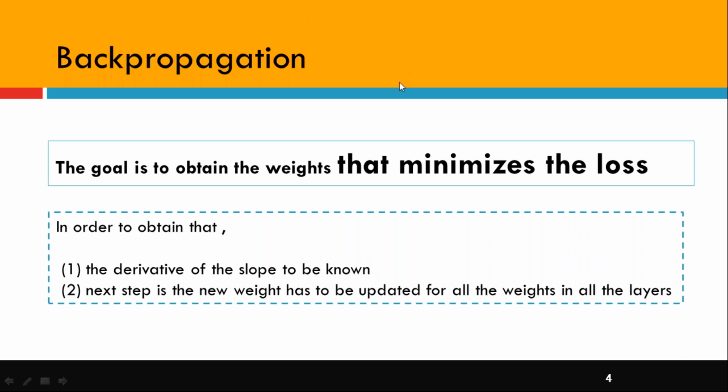That's the whole objective of implementing backpropagation. In order to obtain the weights which minimize the loss, we need to know the derivative of the slope. And the next step is that the new weight has to be updated for all the weights in all the layers.